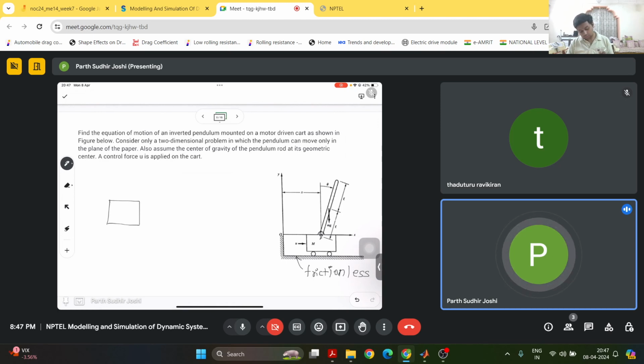So let us first draw the free body diagram of this cart.